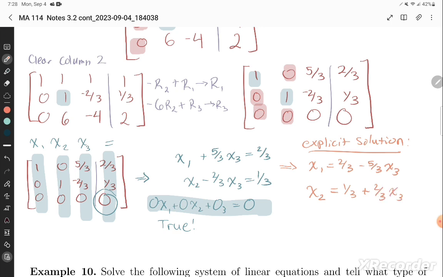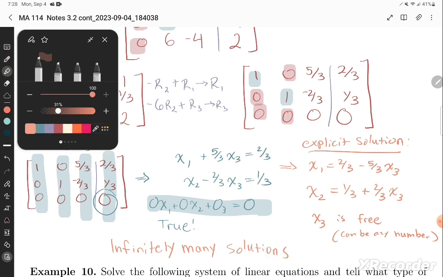So I've got values for x1 and x2, and then x3 we say is a free variable, or in other words, can be any number I want it to be. What does this imply? This implies that there are infinitely many solutions.